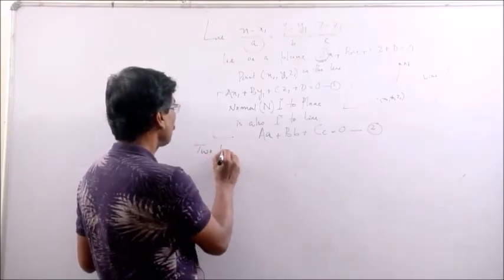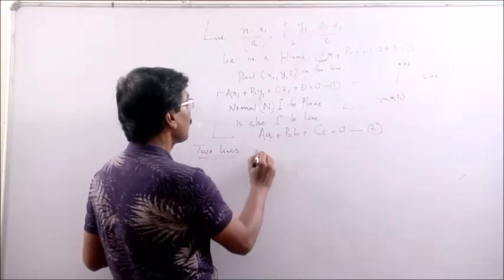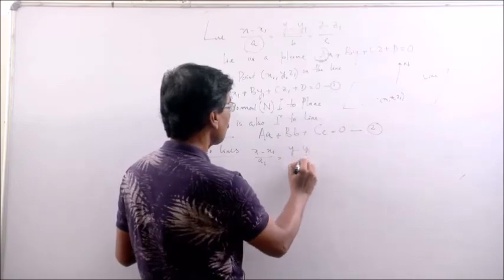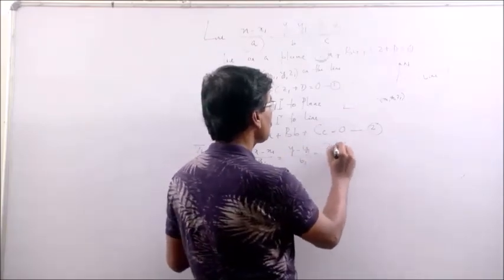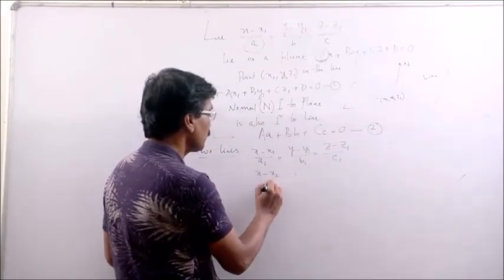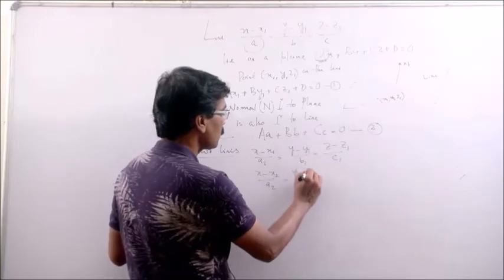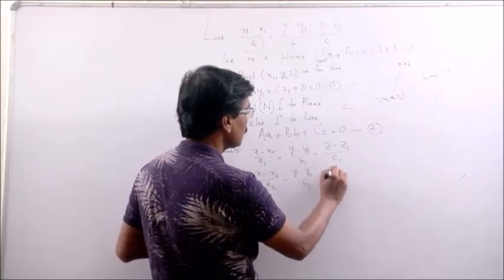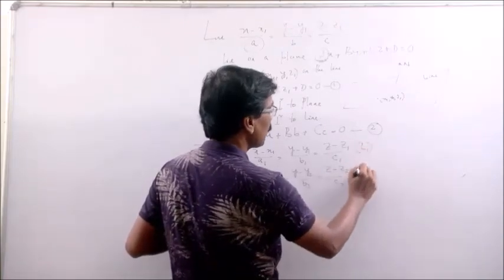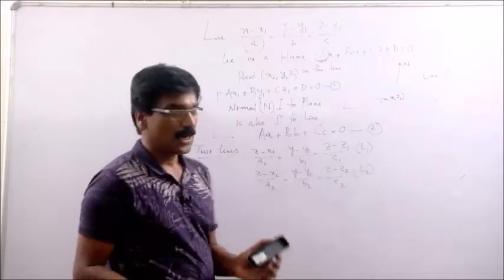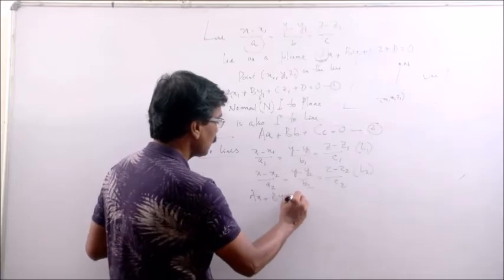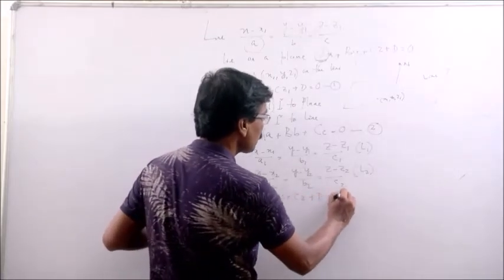Next we have two lines, (x minus x1)/a1 = (y minus y1)/b1 = (z minus z1)/c1, and (x minus x2)/a2 = (y minus y2)/b2 = (z minus z2)/c2. Suppose these are lines L1 and L2, and a plane is ax + by + cz + d = 0.